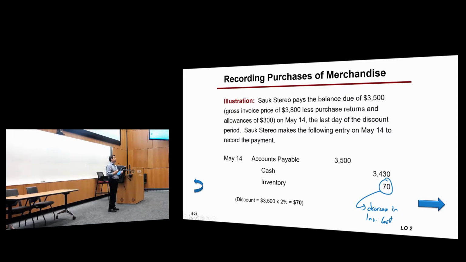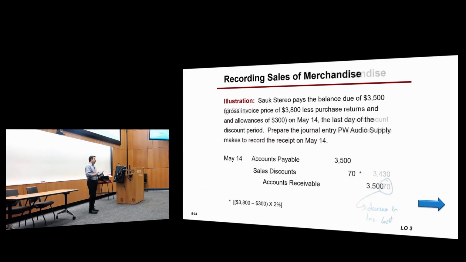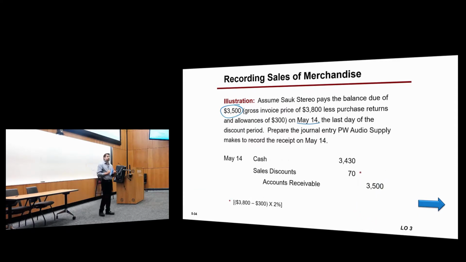When you look at the payment, the amount of cash that was exchanged was equal to $3,500 minus the discount. In that case, we had credited inventory because it affected the cost of inventory. As far as the sales is concerned, the company will use sales discount. Any questions?